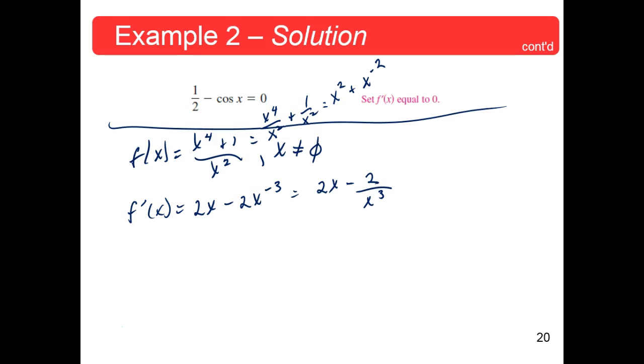Now, what would you do next? I don't care what I'd do next. What would you do next? Taking your derivative, set it equal to 0. Now, we need to do some solving here, don't we? How are we going to do that?